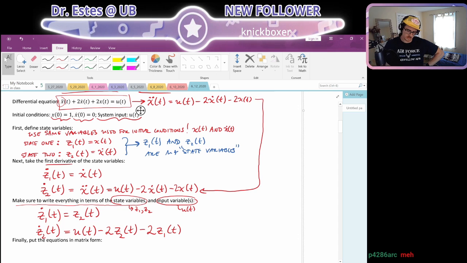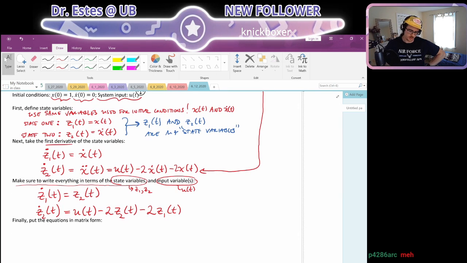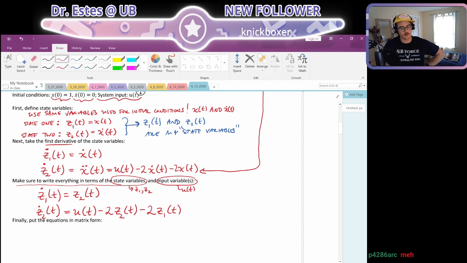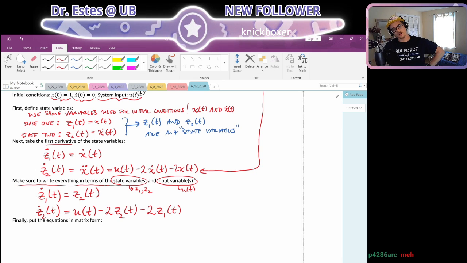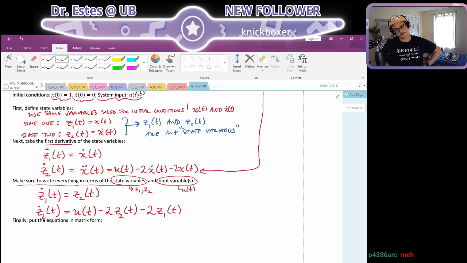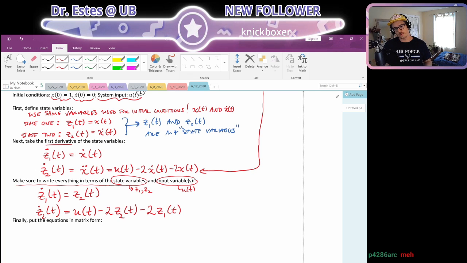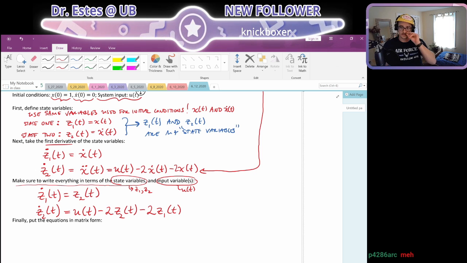Now we have two first order equations that are in terms of different variables, our two states. So it's two first order equations, but I guess the catch is we introduced an extra variable. Instead of just having x, now I have z1 and z2.